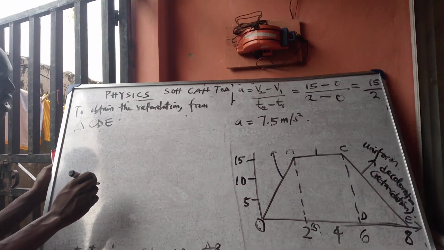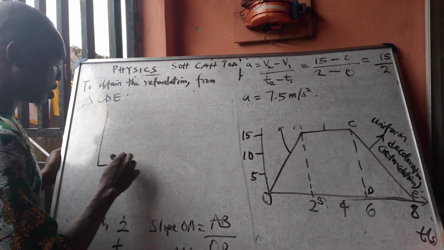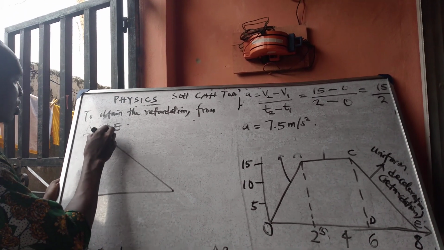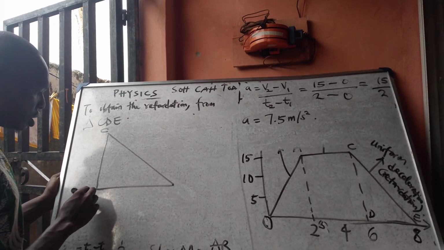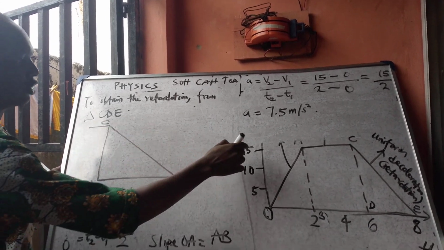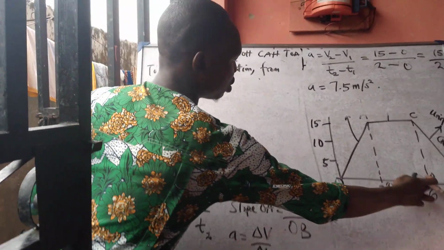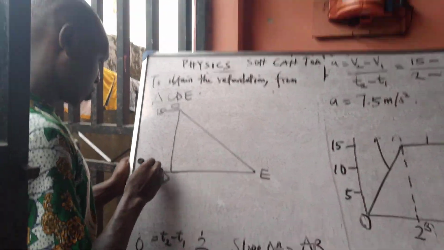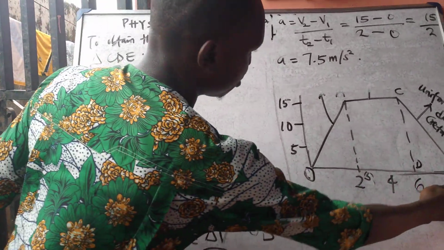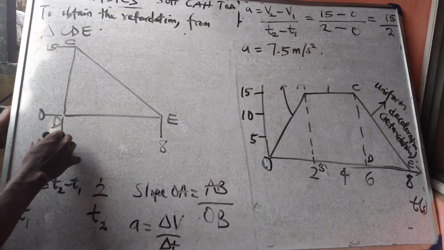So we are going to take that component out. That is what we are doing now. This is CDE. Here is 15, and over here you have 0. Here is 8, and here you have 6.